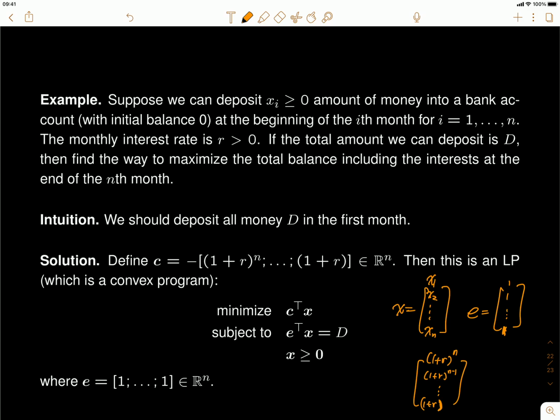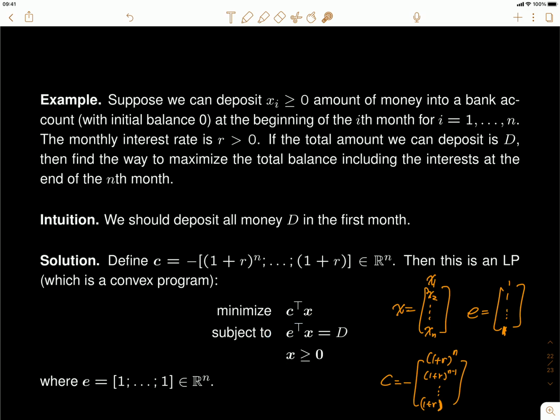Maximizing the inner product of this vector and this vector is the same as minimizing the inner product of this vector times the negative of this vector, right? So that's why we set C to be the negative of that. So C is the negative of this vector, and we're trying to minimize the inner product of C and x, subject to the constraint here.